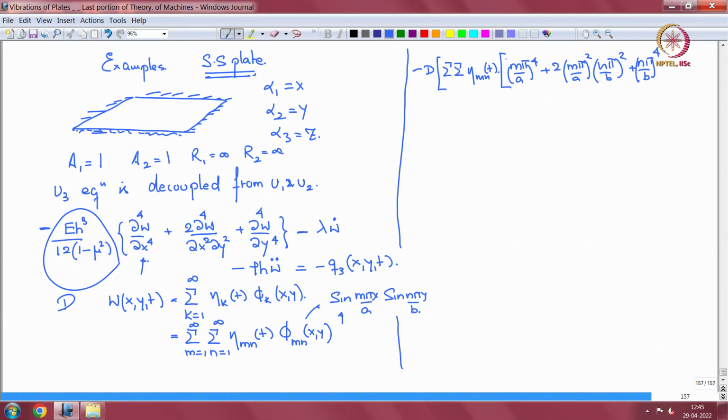okay, into phi mn, okay, minus lambda eta mn dot phi mn minus rho h eta mn double dot phi mn is equal to minus q3 x comma y comma t.